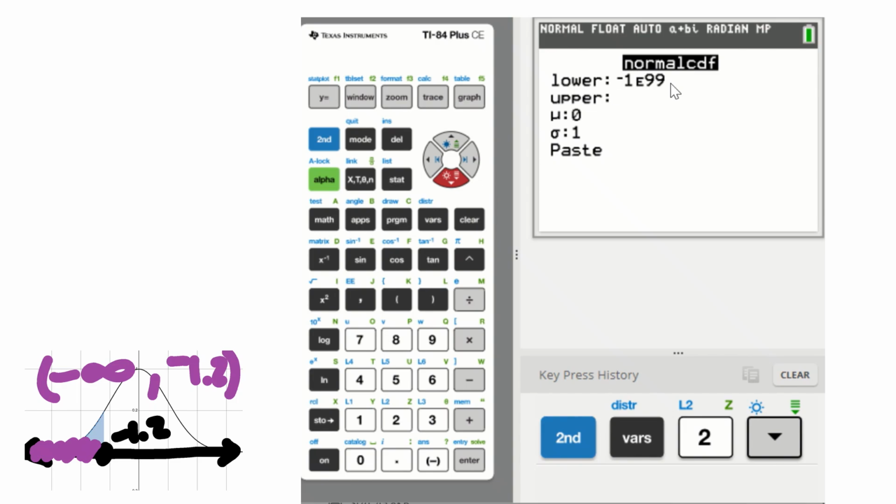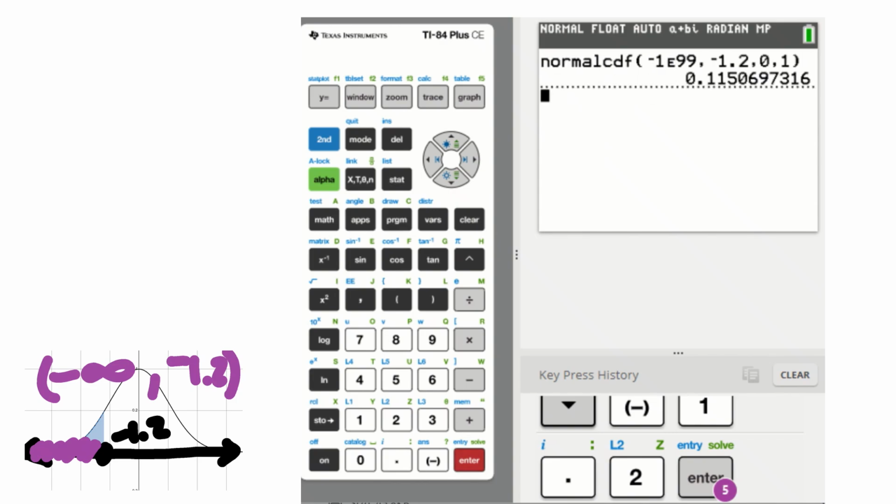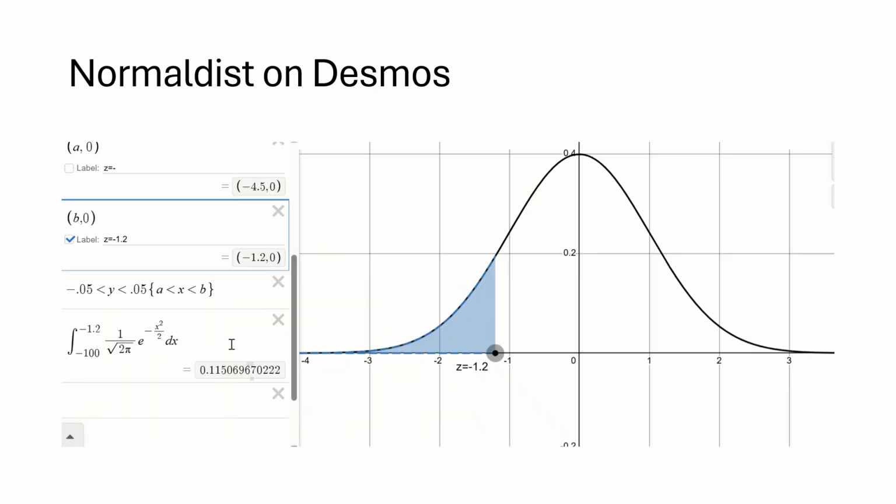My upper bound is going to be that negative 1.2. Leave all the other stuff alone. And only 11.5% of that data is between negative infinity and negative 1.2. So there's that 11.5% again.